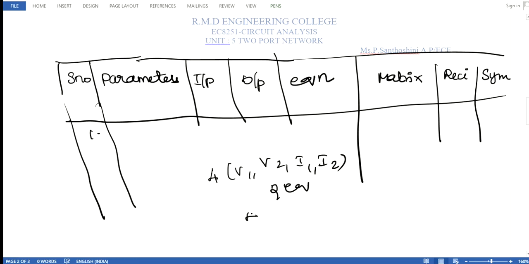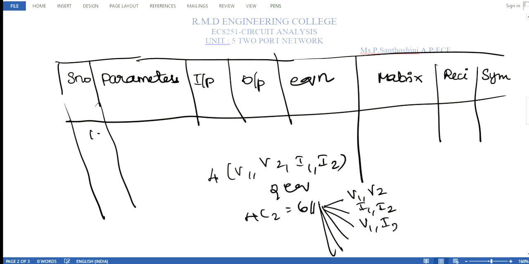So 4C2 gives 6 combinations. One will be V1, V2, then I1, I2. Tell me another combination: V1, I2. Yes, I1, V2. Then I1, V1, and the sixth will be I2, V2. So these are the 6 combinations.